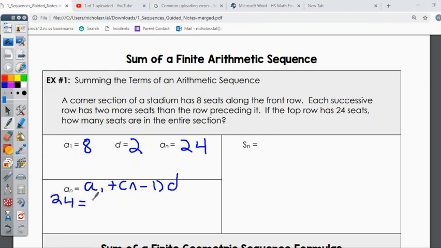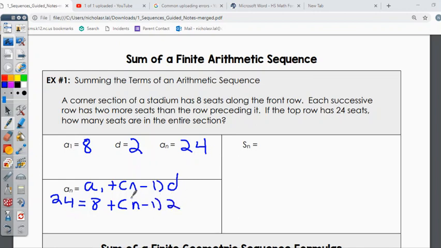What's A1? 8 plus N minus 1 times D, which is 2. We need to find N.